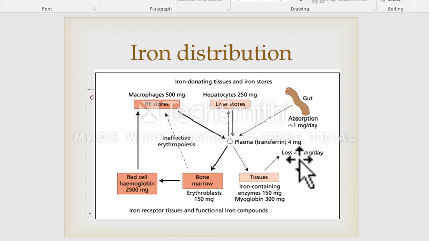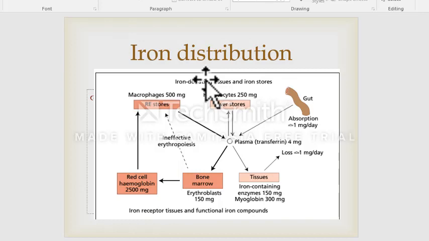Iron distribution. There are certain organs in which iron is stored, and certain places where iron is also circulating. So in our body, iron is present in two forms. Number one, functional iron.